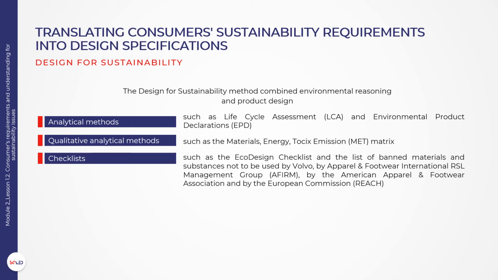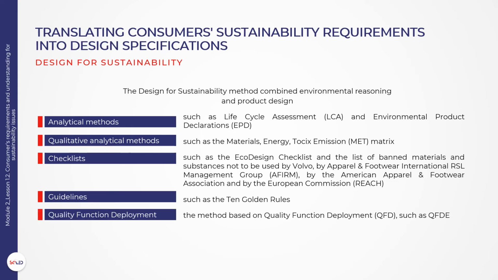Checklists such as the Eco-Design Checklist, Paulson, 2018, and the list of banned materials and substances not to be used by Volvo, Russo et al., 2017, by Apparel and Footwear International RSL Management Group, by the American Apparel and Footwear Association and by the European Commission, REACH. Guidelines such as the 10 Golden Rules, Luttropp and Lagerstedt, 2006.